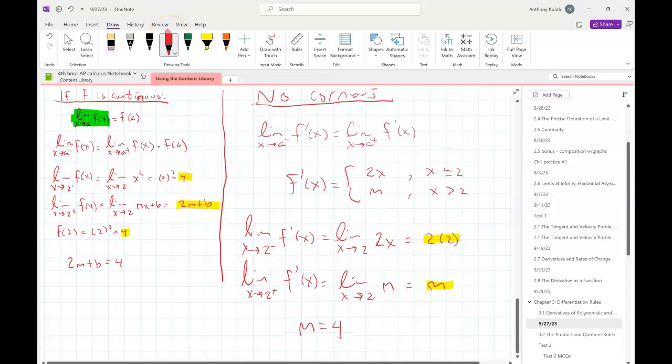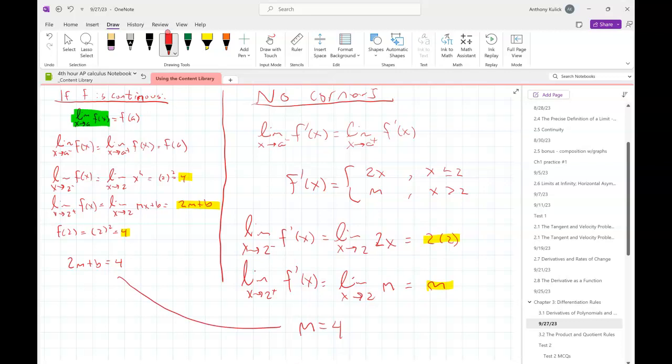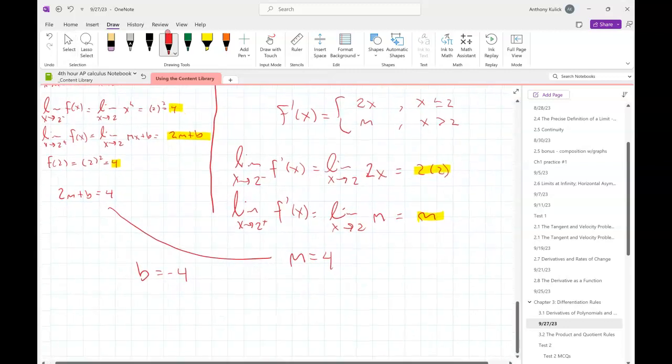If I take these together now, what can I say about b? 0? Or negative 4? 2 times 4 is 8, right, when I plug 4 in for m? Oh yeah, I'm so sorry. That's okay. So there we go. There's my answer, my m and my b.